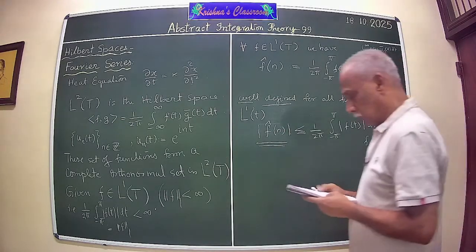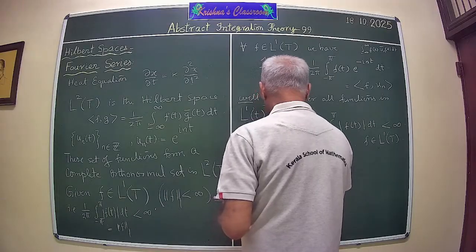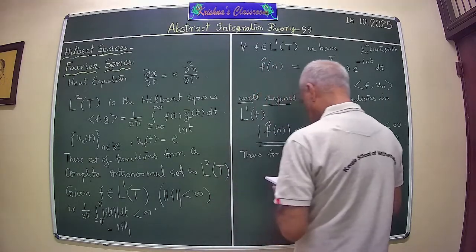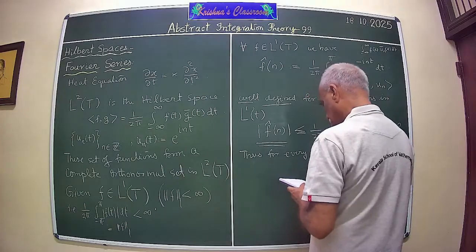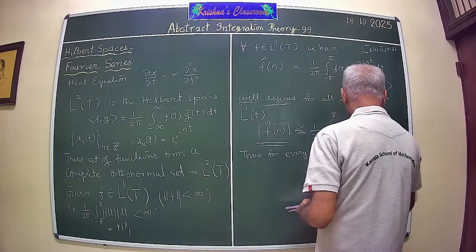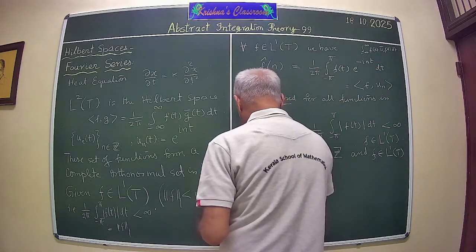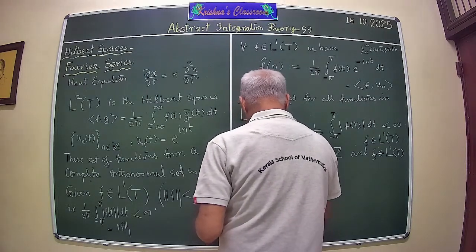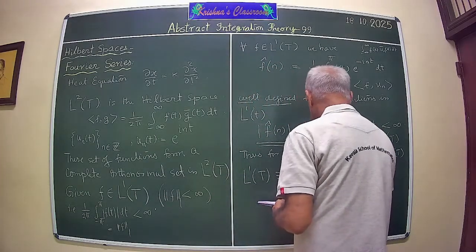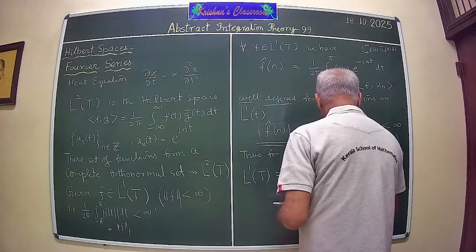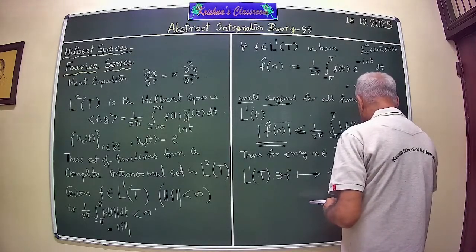Okay. Thus, for every n belonging to Z and f belonging to L1, we have L1T, f belonging to that, and this is mapped to f hat n, with n belonging to Z. This is the index.